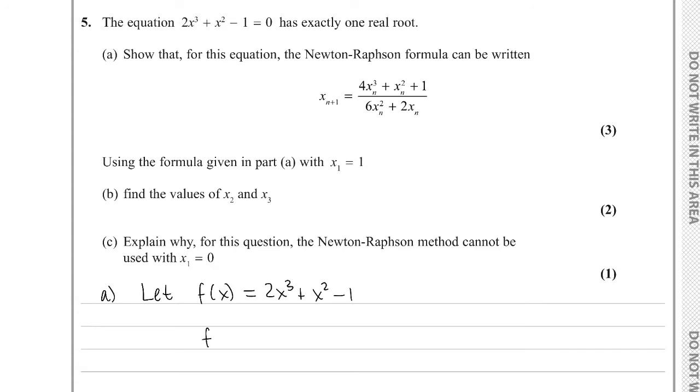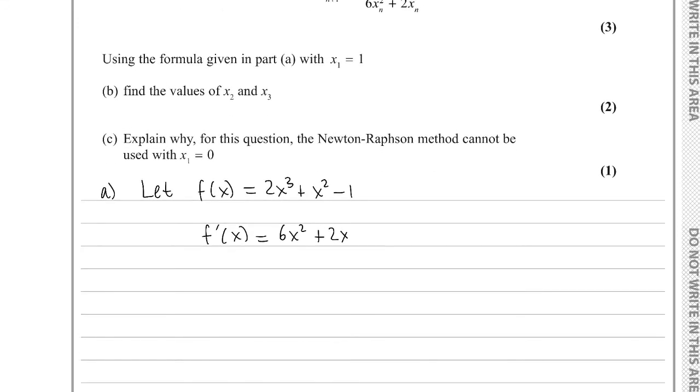The derivative of this, f dash of x, is 6x squared plus 2x. And we do know that the recurrence formula for Newton-Raphson is xn plus 1 is xn minus f of xn over f dash of xn.